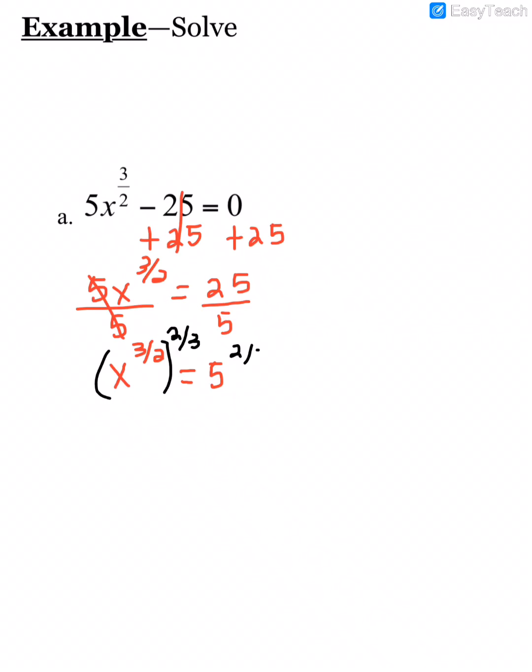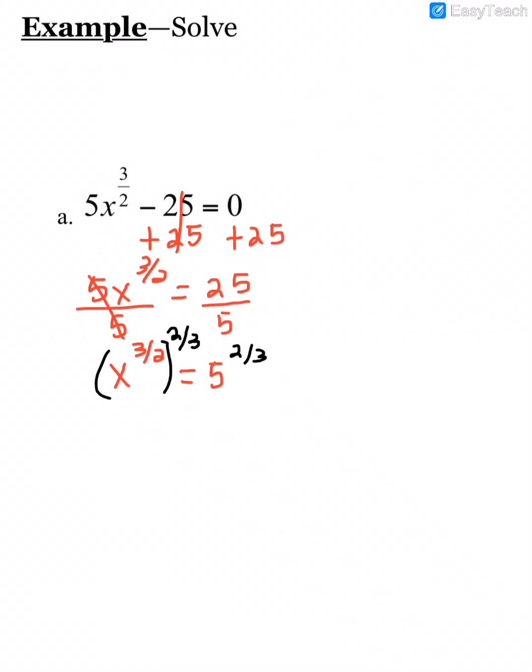And we do that to both sides. Now, like I said, whatever number is in the denominator of what we raise it to, so we raised it to the 2/3 power, our denominator is a 3. That's an odd number, so we don't need to put plus or minus in front. If our denominator was even, we would need to put plus or minus in front.